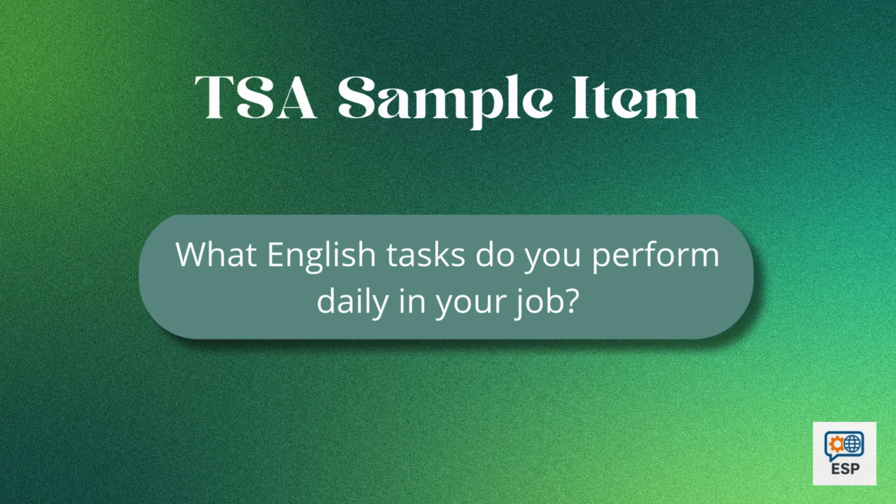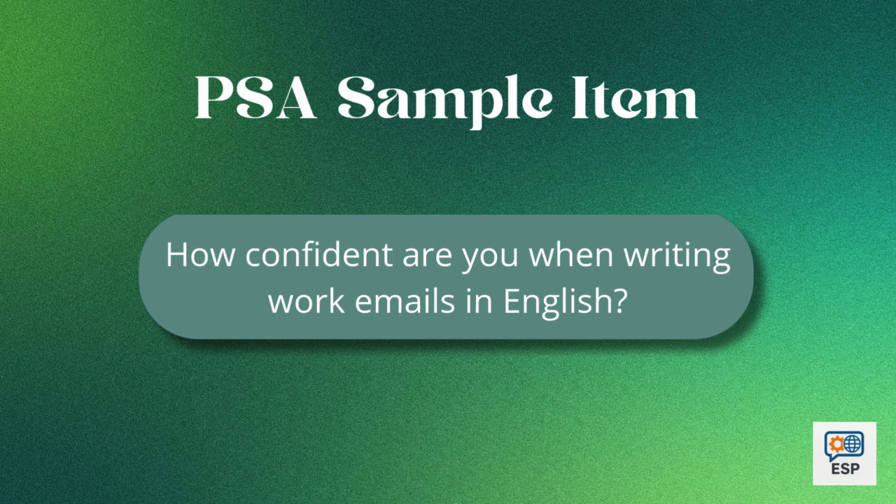Okay, let's move on to the next example. Here we have a sample question for a PSA item, a present situation analysis. The question reads, how confident are you when writing work emails in English?